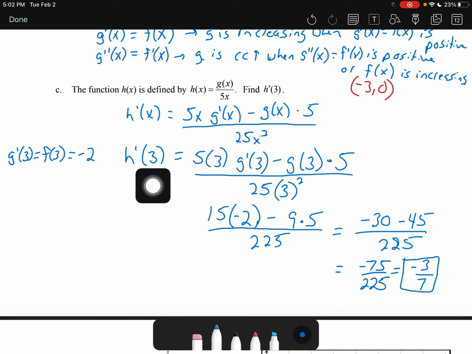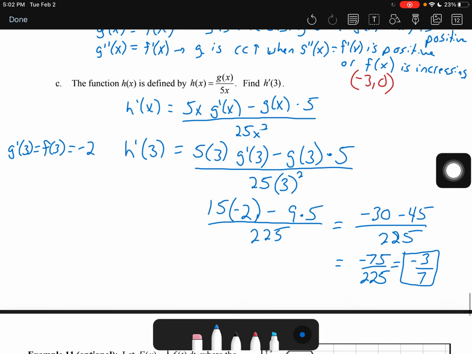That's my derivative in general. Now I want h prime of 3, so everywhere I have an x, I put a 3. That's 5 times 3 times g prime of 3, minus g of 3 times 5, and underneath 25 times 3 squared.